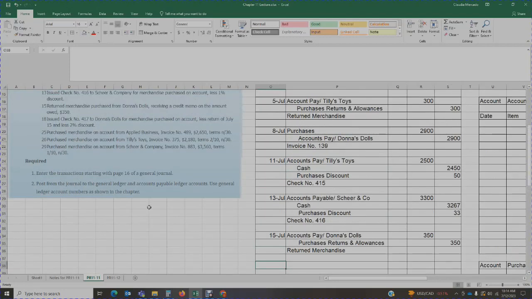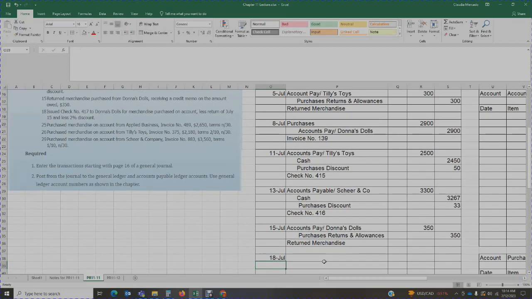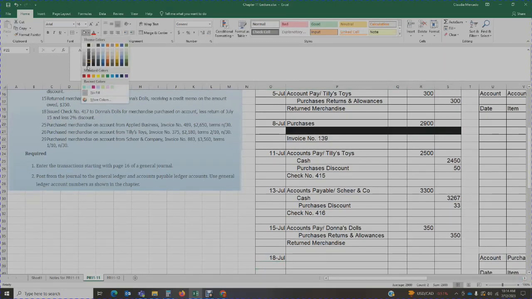Okay, let's see what happened on the 18th. On the 18th, we issued check number 417 to Donna's Dolls for merchandise purchase on account, less the return of July 15th, less a 2% discount. So we are making a payment to Donna's Dolls. This is happening on July the 18th. So let's locate our entries to Donna's Dolls.